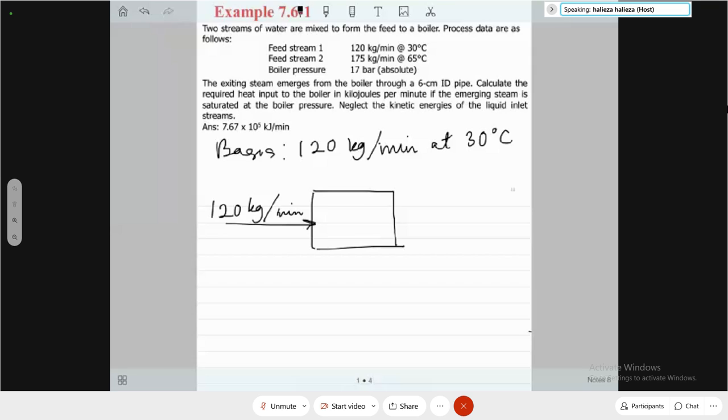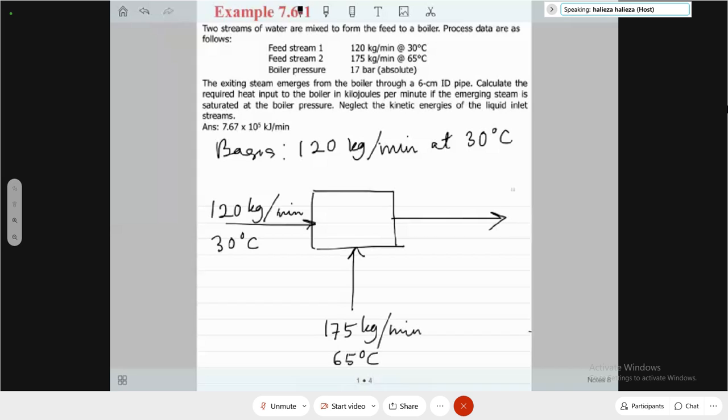The temperature coming in is 30 degrees C. Anything else specified? No, just 30. We have the second stream, 175 kilogram per minute. The temperature is given. Again, it's mentioned water, but it could be liquid or steam; we don't know.